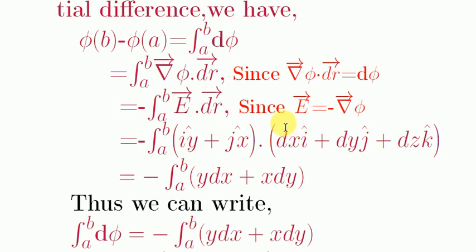Now in electrostatics there is a famous relation between electric field and potential, which is E equal to minus grad phi, where phi is the potential and E is the electric field. Electric field is equal to negative gradient of potential, and this is the relation between electric field and potential of a point.